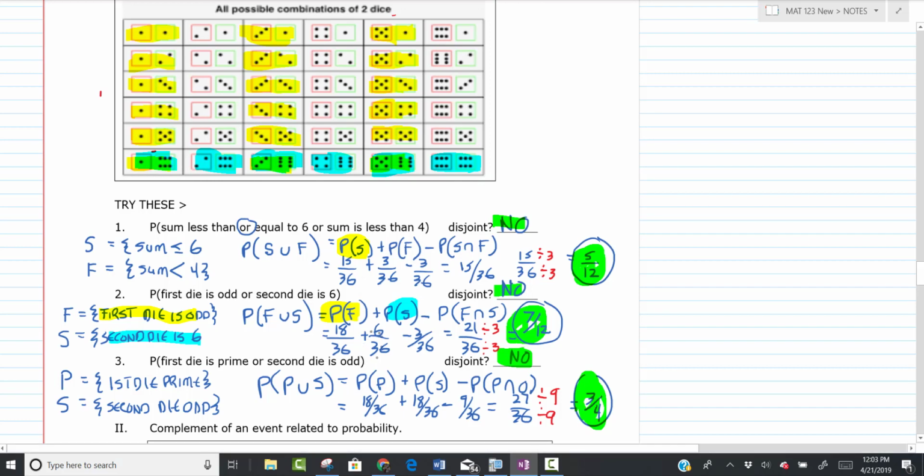So that would be a 6/36 probability. Now, where did the colors blend and make it green? Well, right there. So what you'd have there is a 3/36 probability in the intersection. Since the intersection's not empty, they're not disjoint, then 18 plus 6 minus 3 is 21. Reduce the fraction by 3, you get 7/12. So that's how that one goes. All right, and let me erase this and let's do the last one here.